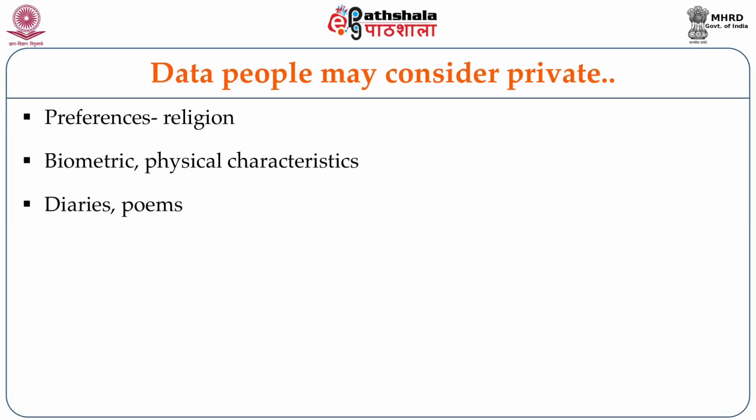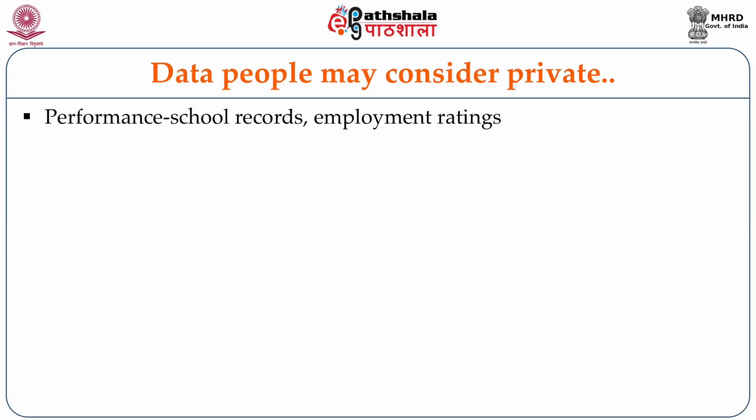Sometimes some people write their daily diaries where they mention what all activities are being performed by them on a daily basis, and they would not like to share this diary. Then there are school records, employee ratings, those kinds of performance that some people may think is private. There are certain activities such as reading habits, web browsing, music, art and videos.